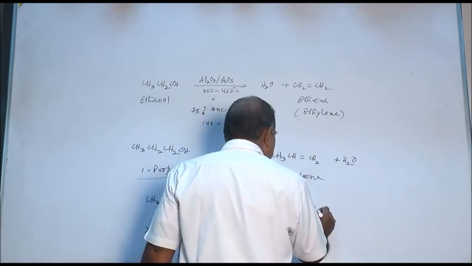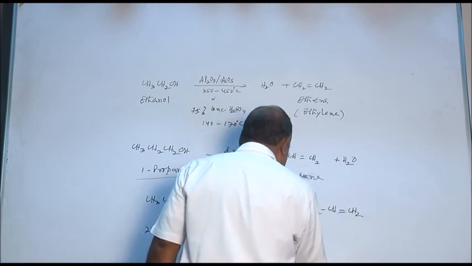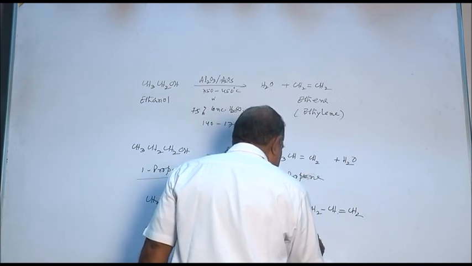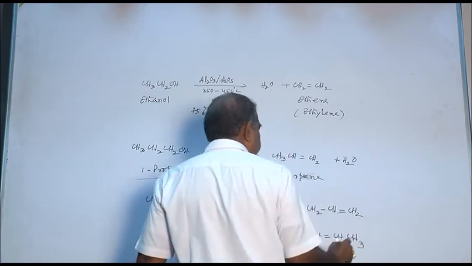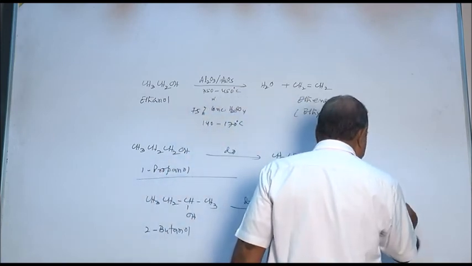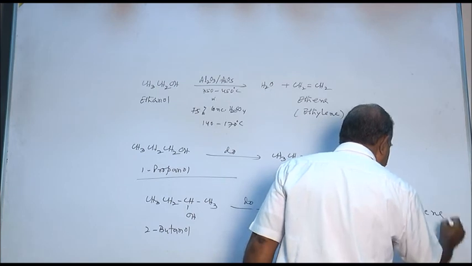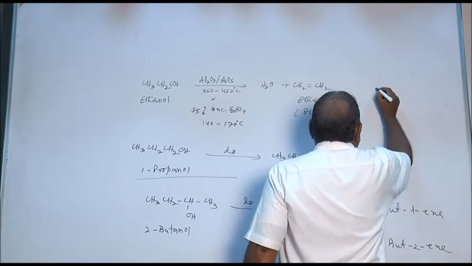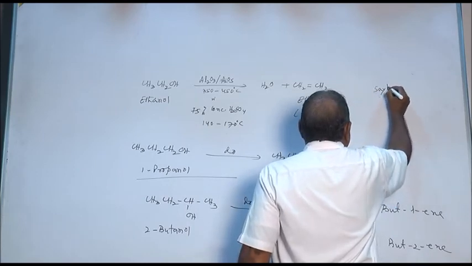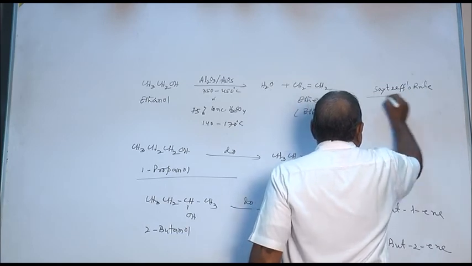It can either form CH2=CH-CH2-CH3, this is but-1-ene, or it can form but-2-ene. Now this is decided by which product will be more, by a rule called Saytzeff's rule. I'll tell you this one, Saytzeff's rule.